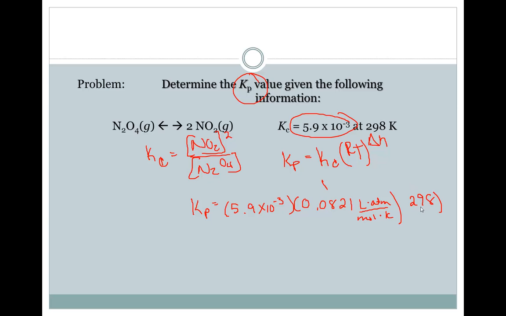That RT here is to the delta n power, which is 2 minus 1, which comes out to be 1. Multiplying this out, you find that Kp is equal to 0.14.